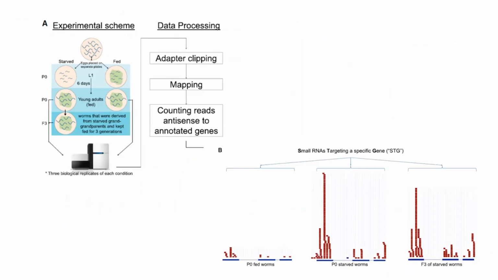These are the genes expressed in the parental generation that are fed. And these are the same genes in the parental generation of the starved worms. And you can see there's a lot more small RNAs in the starved worms. And then if you look at the F3 of the starved worms, there's still a lot more of those small RNAs. And they don't show it here, but the F3s of the fed worms would basically look like the fed parents.